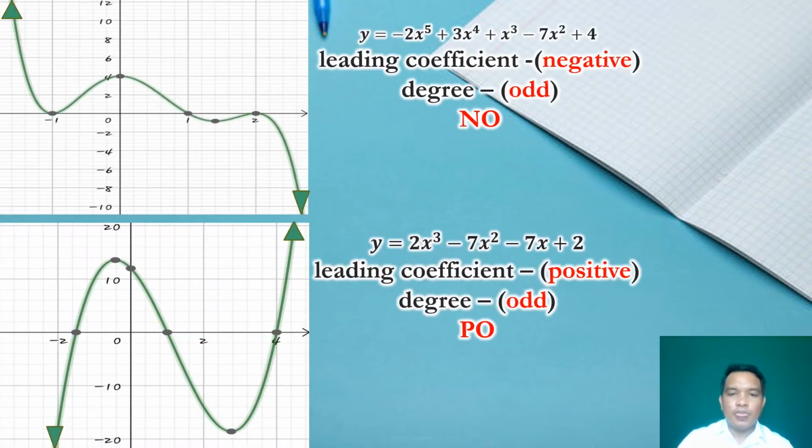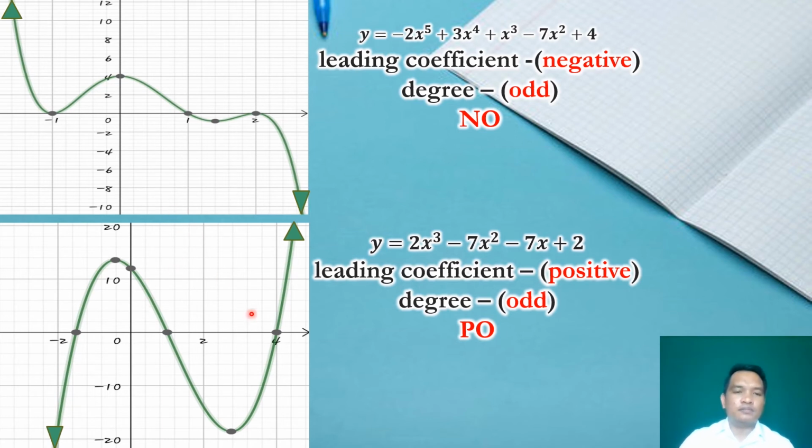Next, tingnan natin yung dalawang graph ng polynomial function. So, tingnan muna natin yung polynomial function natin. Ano ang common? They are both odd degree. Parang silang may degree na odd. So ano naman ang common sa kanilang dalawa?